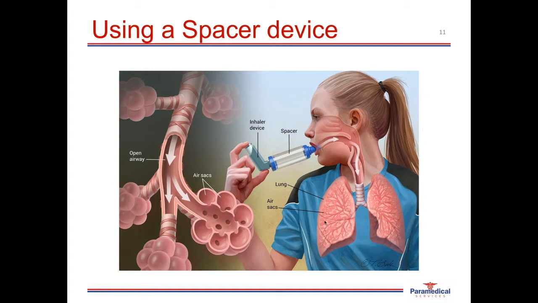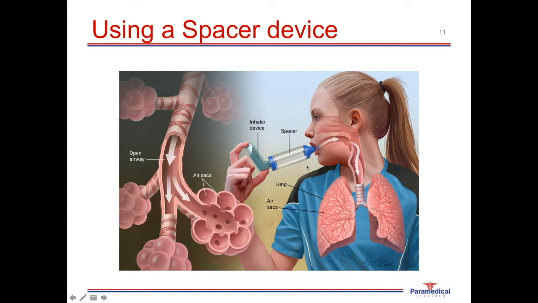So spacer devices were created to hold the medication in a chamber so that less coordination needed to take place to inhale it correctly. A spacer device has a one-way valve on it and a mouthpiece, and the inhaler device attaches into the back of it.